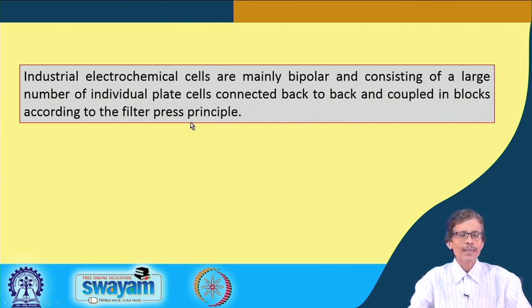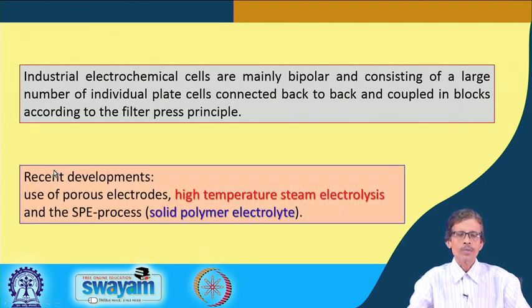So, these are technical things utilized for typical industrial electrochemical cells, because industrial cells are completely different from the cells we use for laboratory purposes. In that case, we can use porous electrodes, that means gas permeable electrodes. These porous electrodes are very useful for the electrolysis of water for the production of hydrogen.